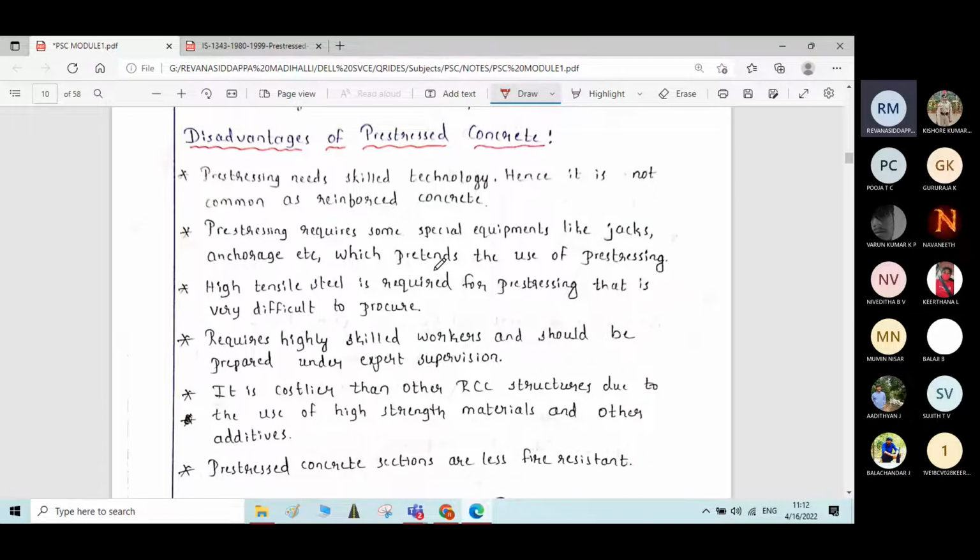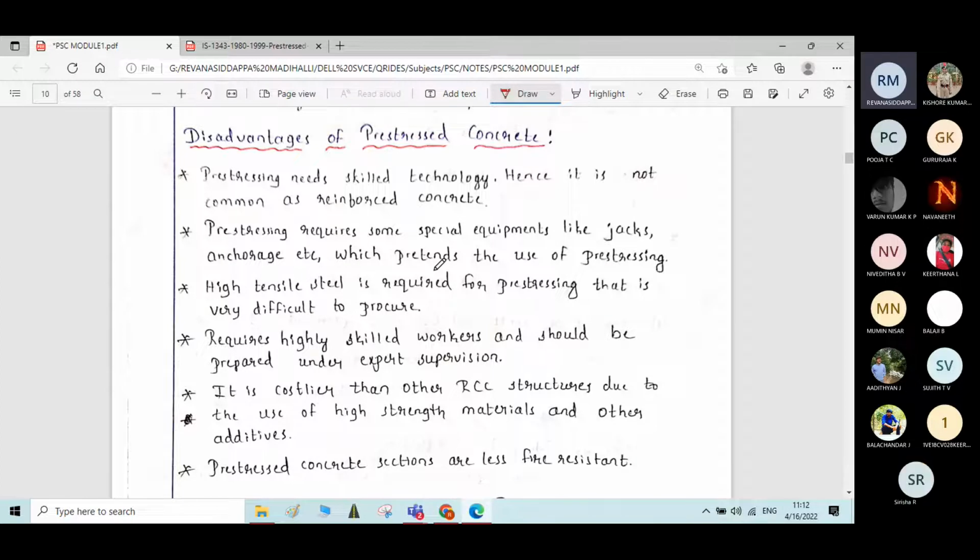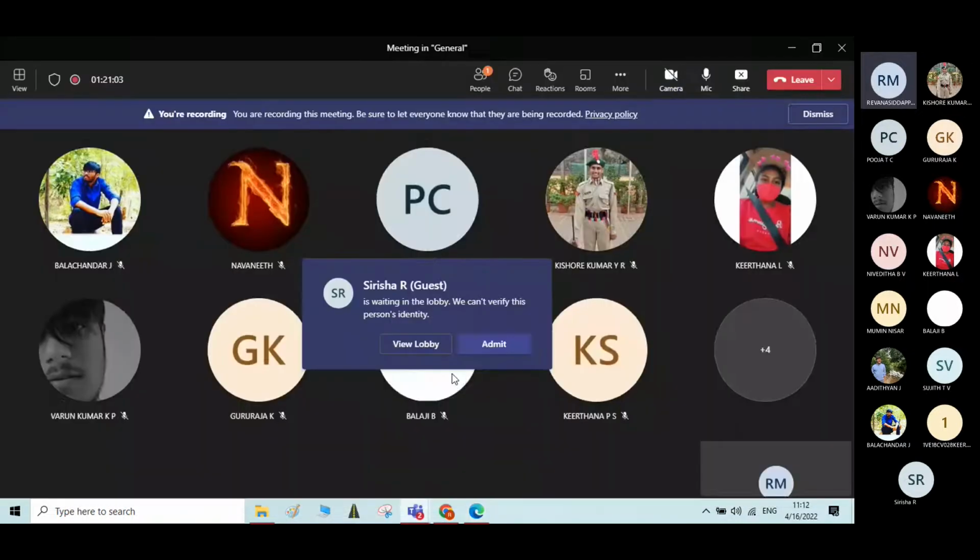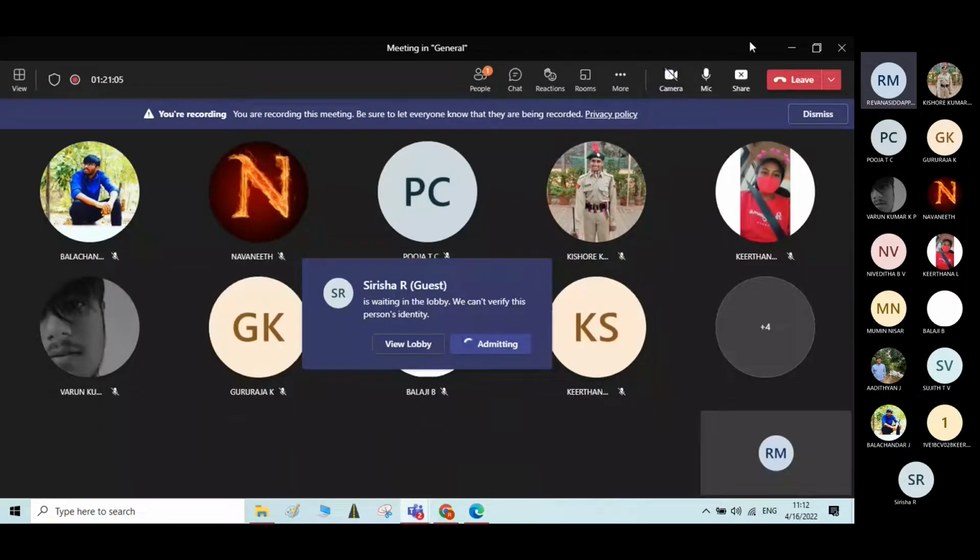It requires skilled technology, proper machinery, and proper prestressing systems. That is the main disadvantage of prestressed concrete. Hence it is not as common as reinforced concrete. That is why in most smaller constructions, residential constructions, we go for conventional reinforced concrete rather than prestressed concrete.